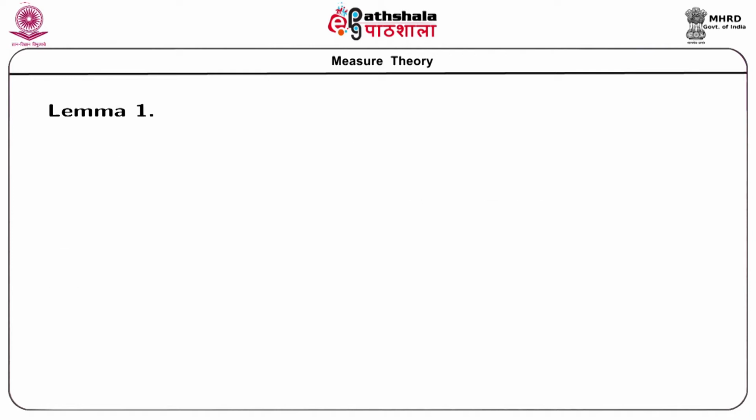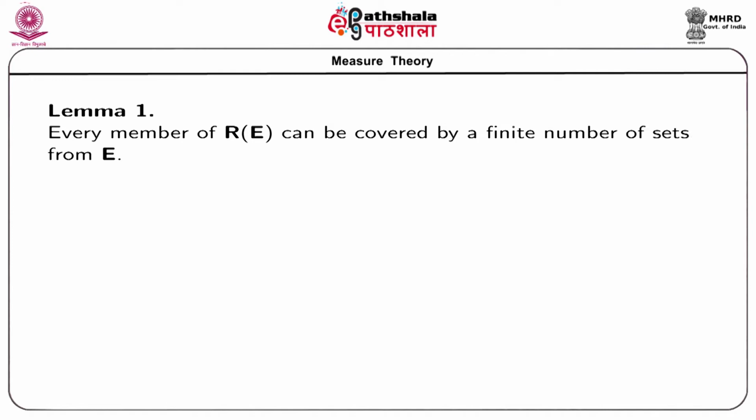Lemma 1. Every member of R E can be covered by a finite number of sets from E. So, for example, if every member of E is finite, then every member of R E will also be finite. If every member of E is countable, then every member of R E will again be countable.